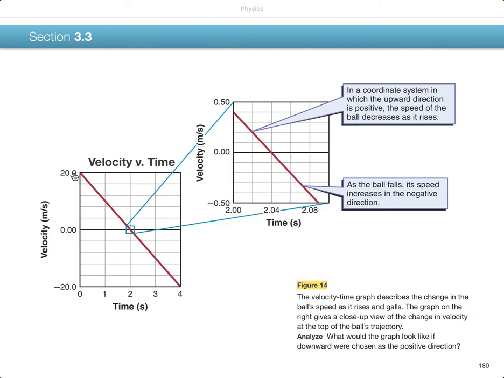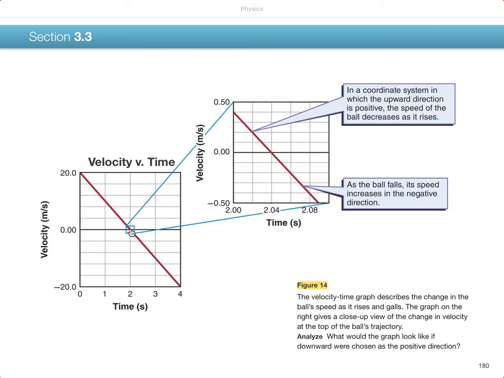The next thing you'll notice is, well, what's happening? First, it starts off going fast, and then it slows down. Which way is it going when it starts off fast and slows down? Well, that's when you toss it up in the air, and as it goes up, it slows down. And notice what happens at the very top. At the very top, the speed goes to 0. Does that make sense?